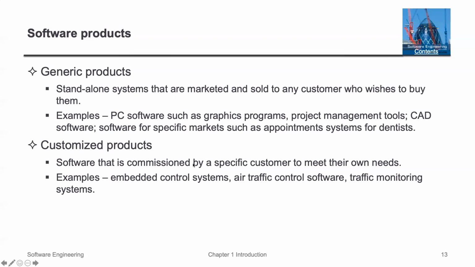This is commissioned by a specific customer to meet their own needs. You can think of embedded control systems, air traffic control, traffic monitoring systems, et cetera. And I might add, because I mentioned CubeSats before, some space systems also have fairly customized types of systems, but may have some kind of start from some basis and some generic routes.